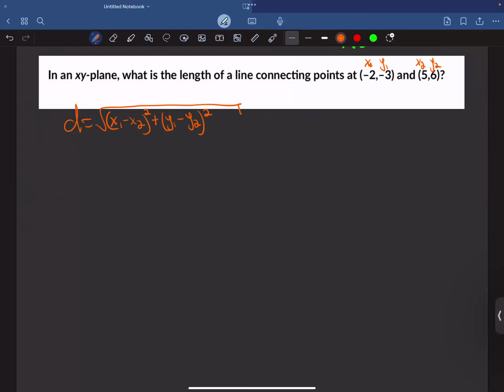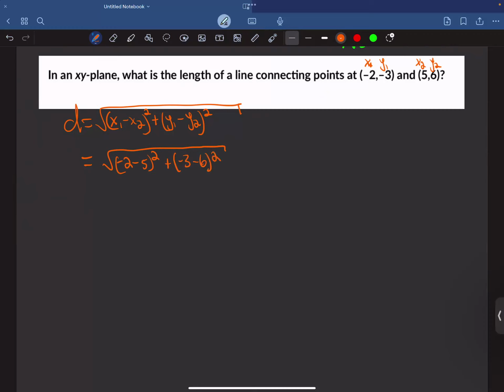I'll tell you in this one, the ACT did give you decimal answers and says use a decimal approximation, rounded to the nearest tenth. So we're going to do that this time. 2 minus 5, and then -3, 6.